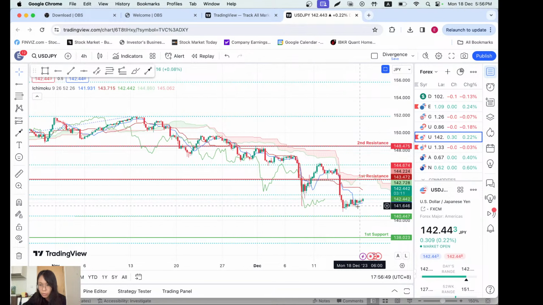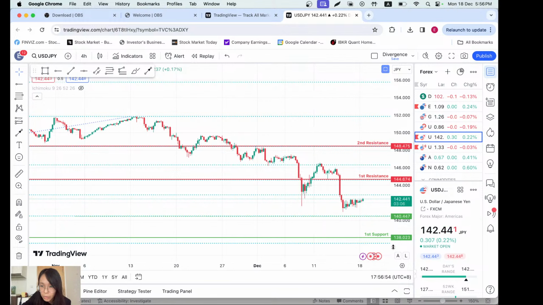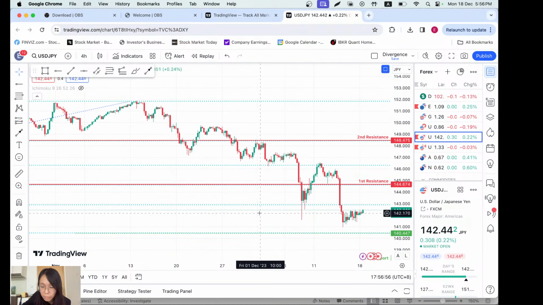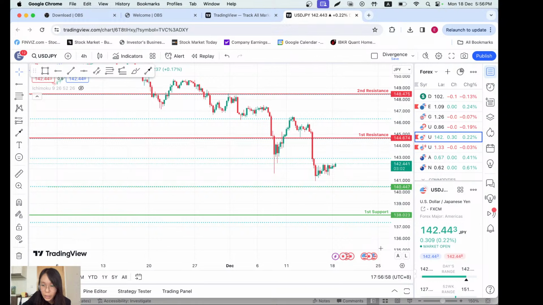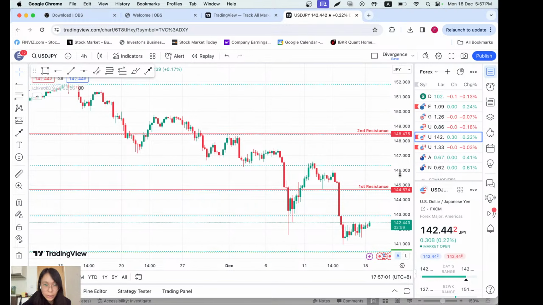It's still bearish, right below the Ichimoku cloud, so it doesn't seem to be recovering yet. Okay, so this will be for the dollar yen.